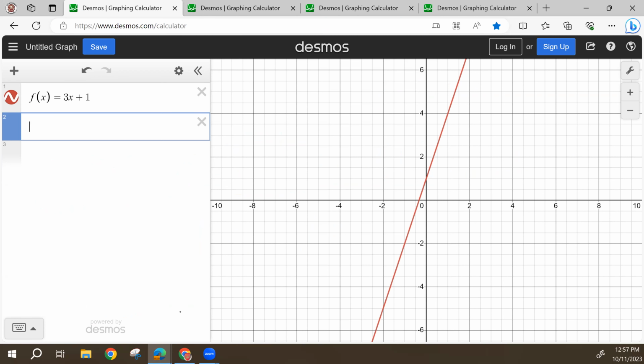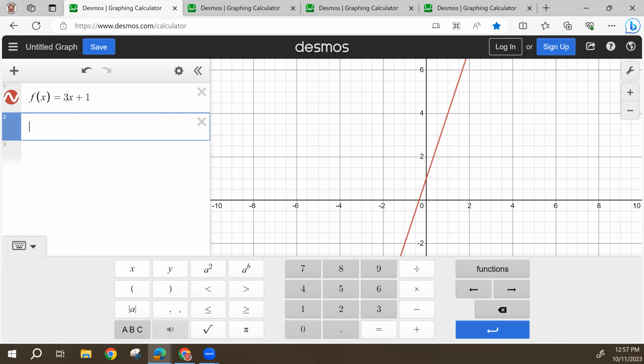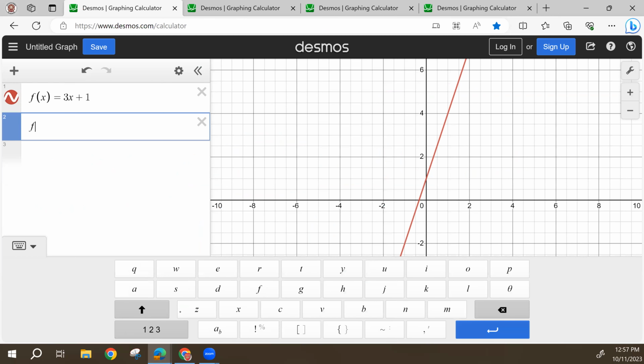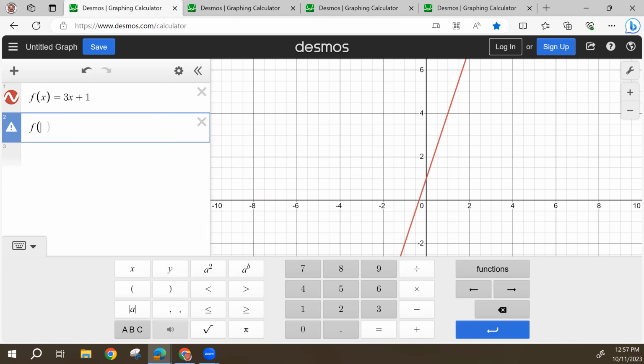Now that I have my function, I would like to know the value of f of -3, and you can just type this. It's going to plug -3 in for us and tell us that f of -3 is -8.